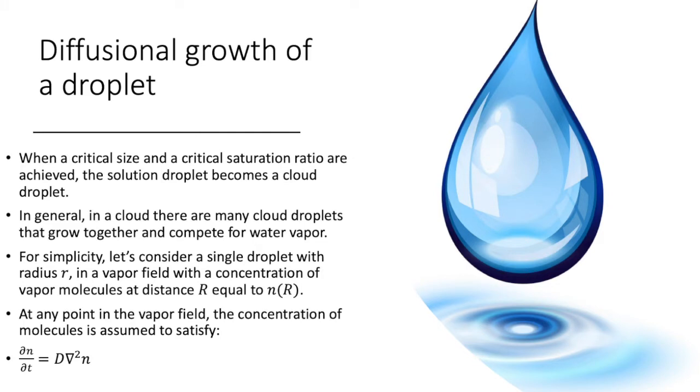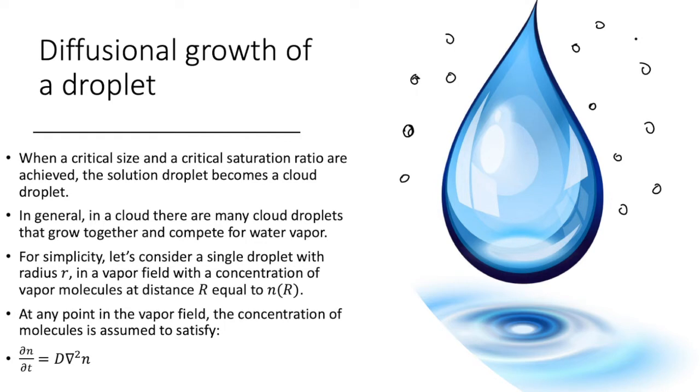Now, cloud droplets such as this one are suspended in a field full of water vapor molecules, right? Different cloud liquid droplets are going to compete for these water vapor molecules. So it would be complicated if we were to consider the complicated field of all the cloud droplets.